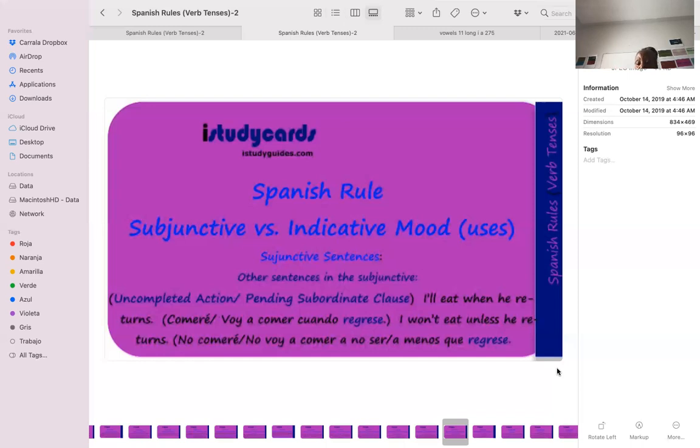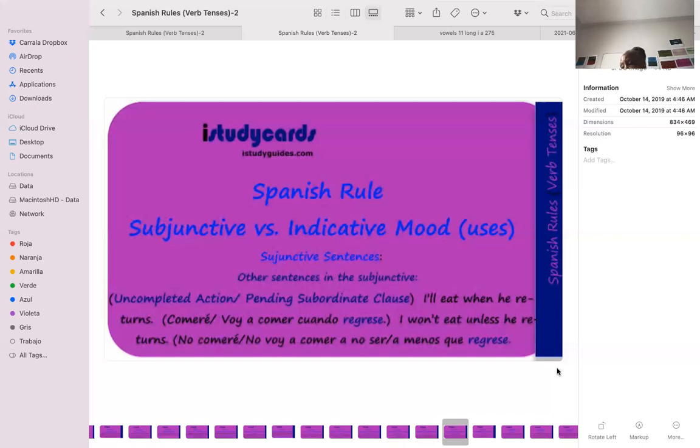But when I'm talking about today, I'll eat when John returns. "When John returns" is the subjunctive clause. It's the dependent clause, and "returns" is subjunctive. So I should say in English, at one time I would have said, I'll eat when he returned, but I don't.